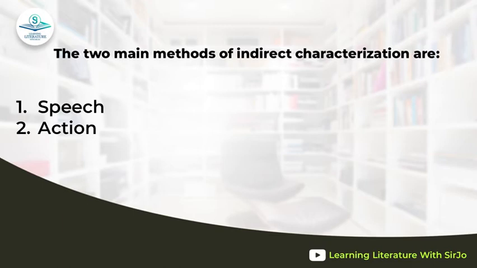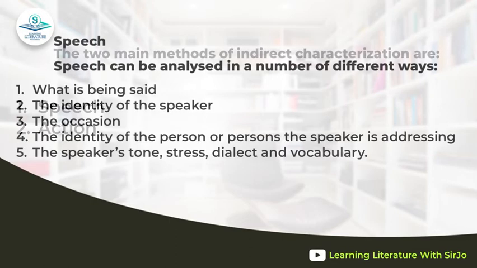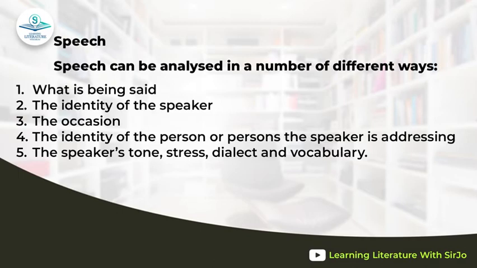By speech, we can analyze a character in a number of different ways, and they are what is being said, the identity of the speaker, the occasion, the identity of the person or persons the speaker is addressing, the speaker's tone, stress, dialect, and vocabulary.